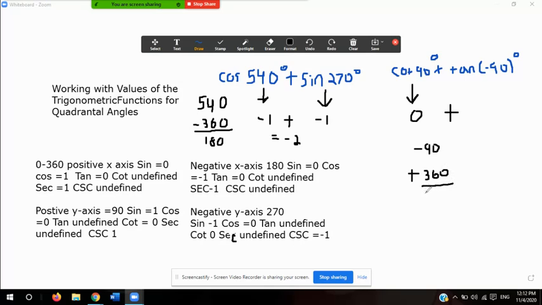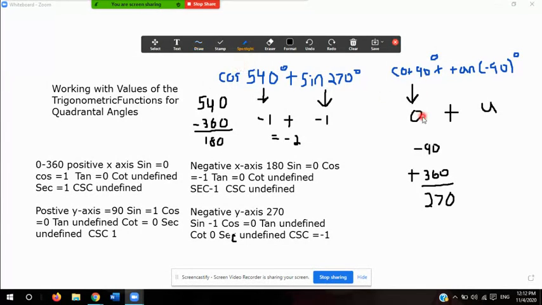I can find the value for 270 because I have the table, and that table is always going to give me that value. When I look for the tangent of 270, it's undefined.